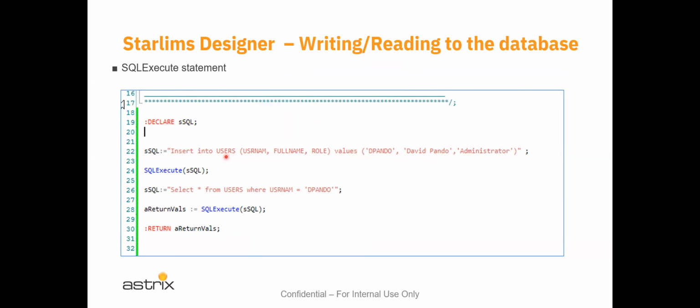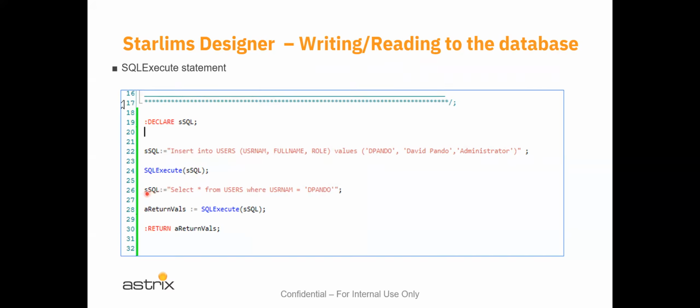We have our users table in STARLIMS, the 3 fields we want to affect, and we're passing values into that table. That's contained within this string. And then we use the SQL execute command, passing it the SQL string. That physically inserts into the users table.